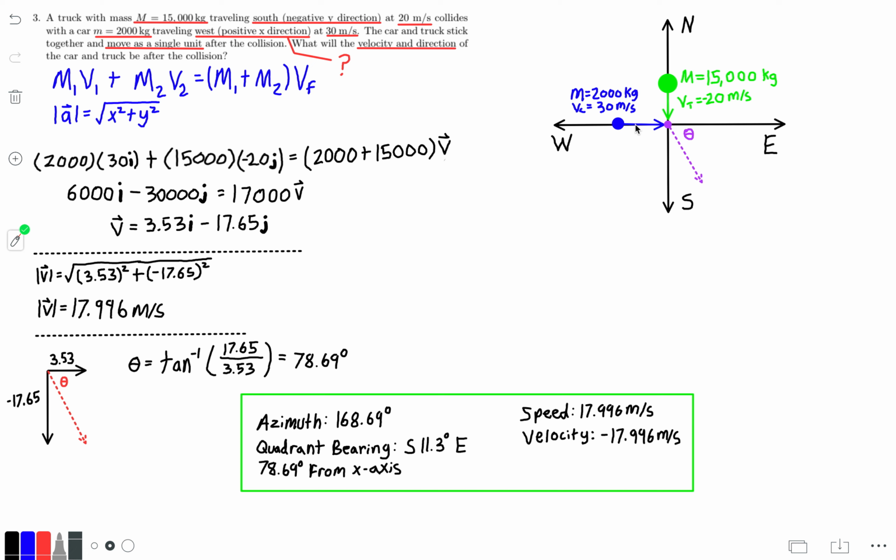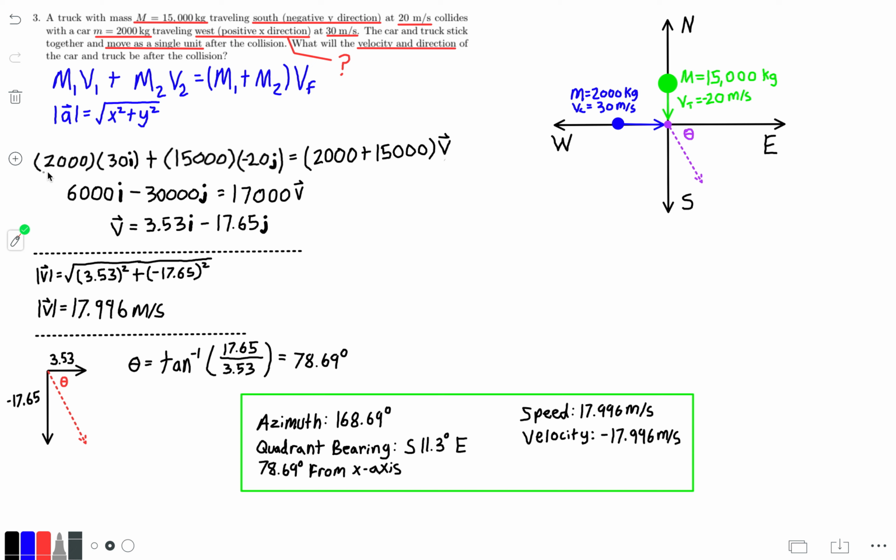And we can kind of think about this as well as if we think about these masses moving as velocity vectors here and here, we can project what their vector might look like over here, and then our direction is going to be this angle theta right here, which we are trying to solve for. So what I've done is I've written out the m1v1 and m2v2 for both the car and the truck over here.